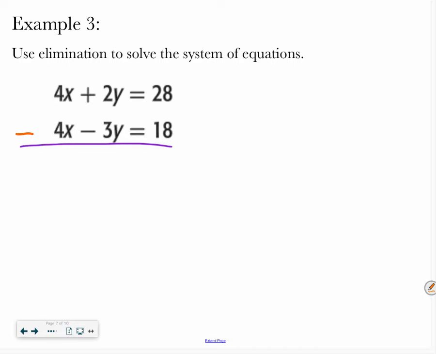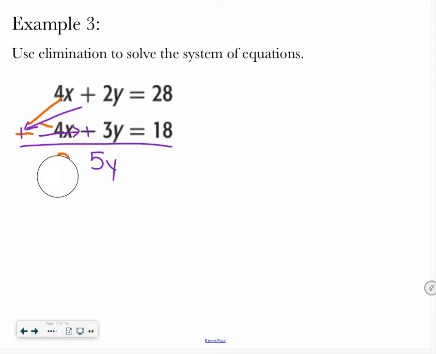Now when you subtract, it's very important. You go 4x minus 4x. That's going to be 0, right? Then you have 2y minus a negative 3y. Sorry, I covered up the negative. Minus negative 3y. So minus a minus becomes a plus. 2 plus 3, that's 5y.